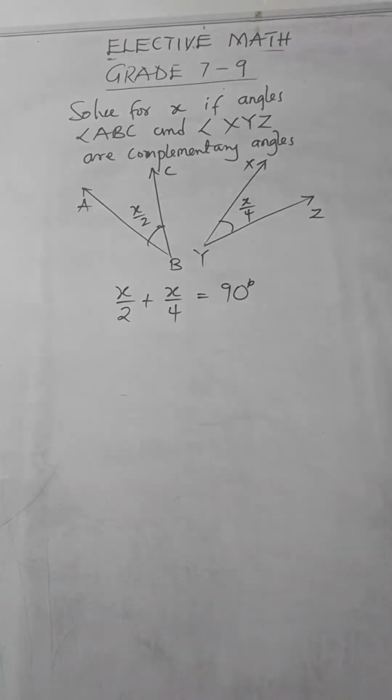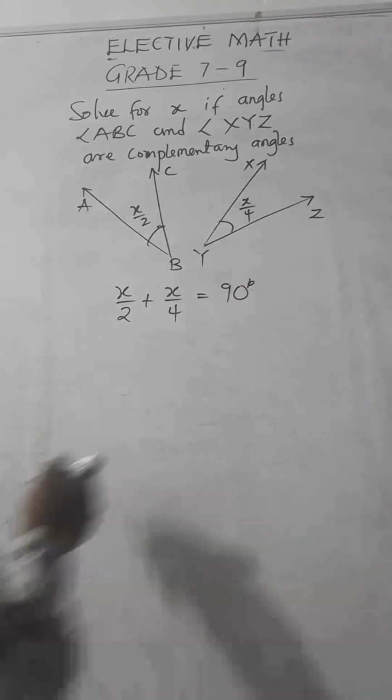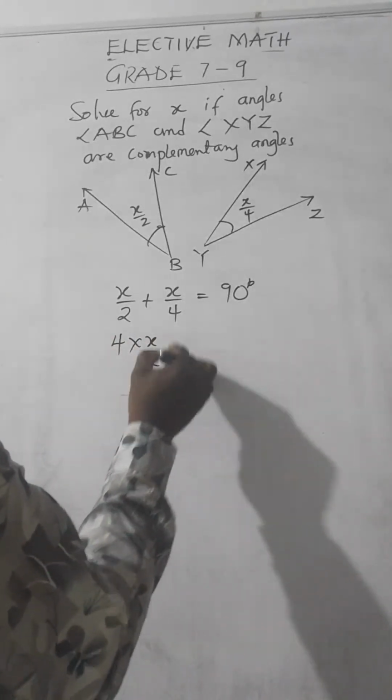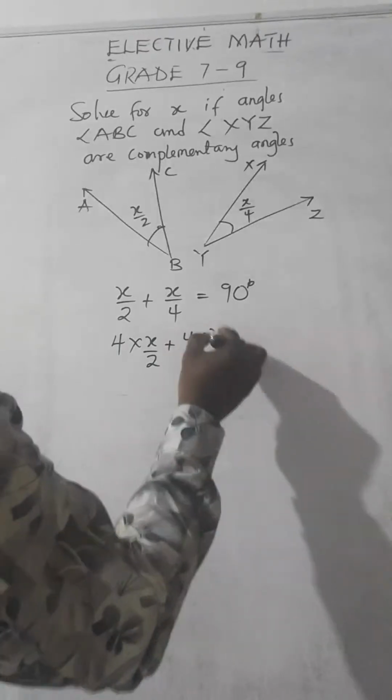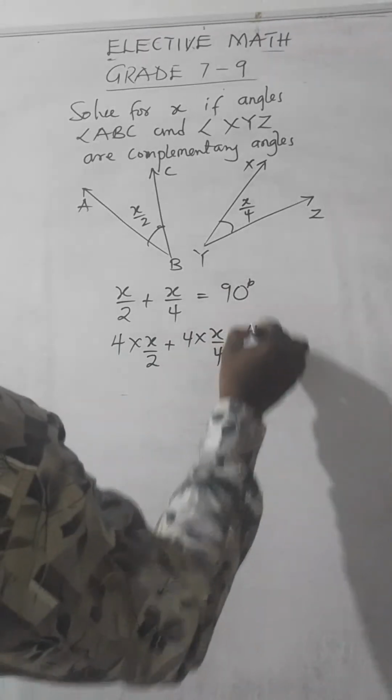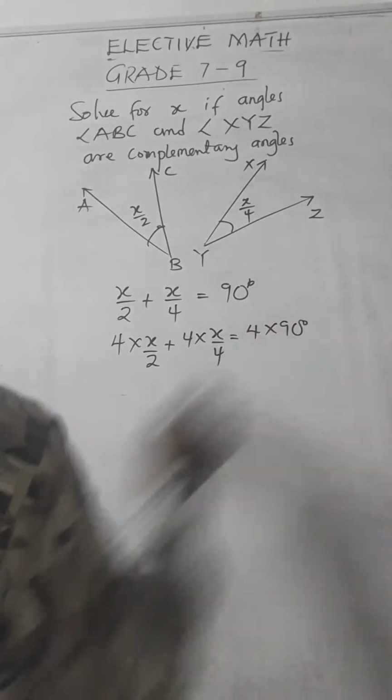Right, so with this one, the LCM is 4. So we have 4 times x on 2, 4 times x on 4, and this will give you 4 times 90 degrees.